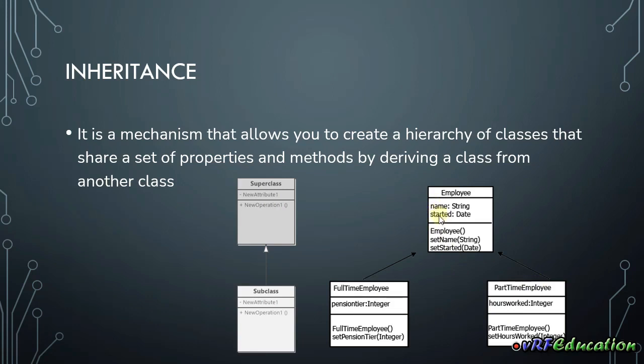Name and the starting date of their work at the company are common between these two types of employee, and also set name and set start date are common behaviors between them. So without inheritance, we need to repeat this set of properties and methods in these two classes. But with inheritance, we can move the common behavior to another class named employee.